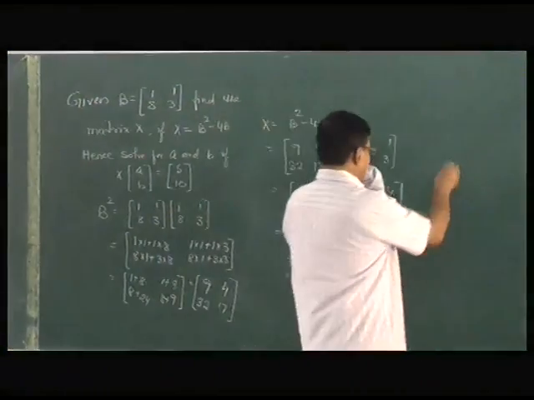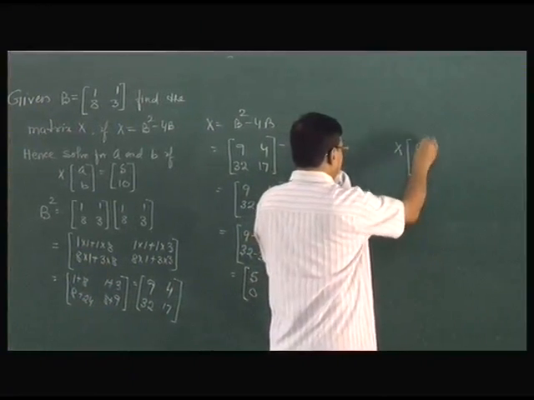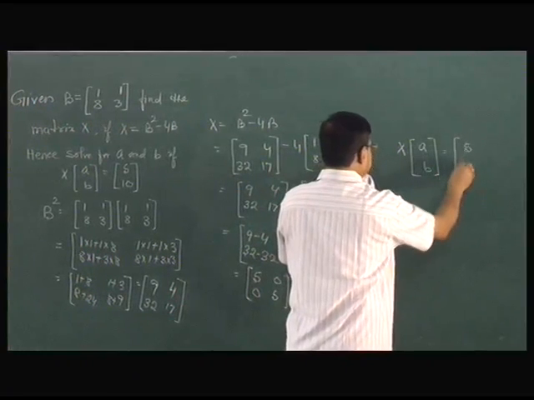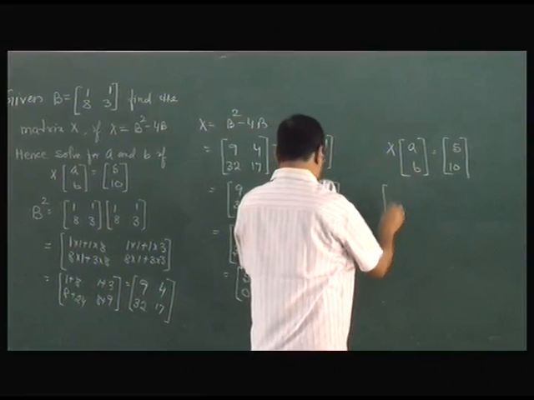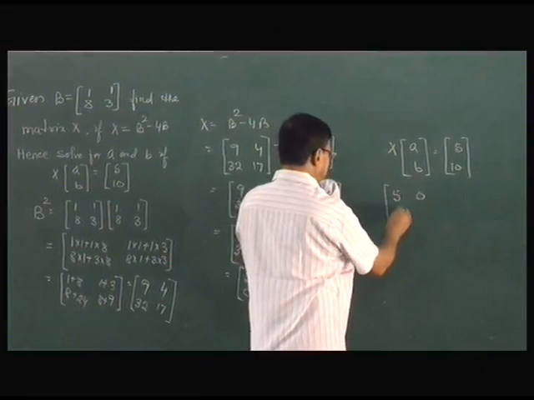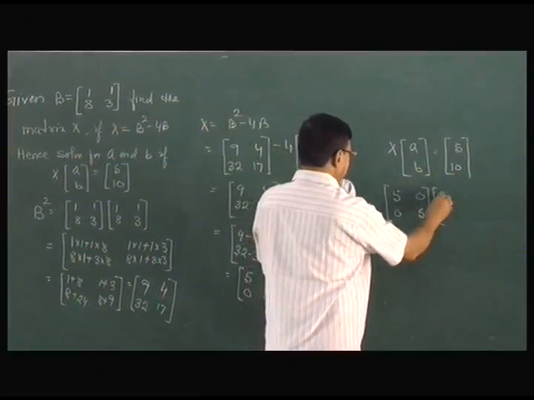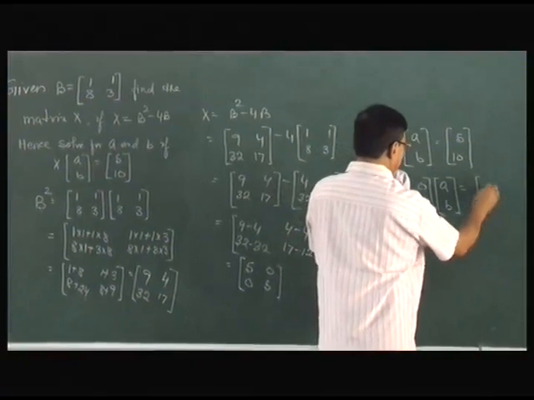Now the second part, it says solve for A and B if X into the matrix AB is 5 10. So X into matrix A, B, sorry, AB is the matrix 5 10. So X we got 5005, multiplying with the matrix AB, result is given 5 10.